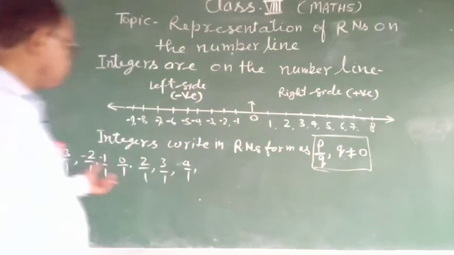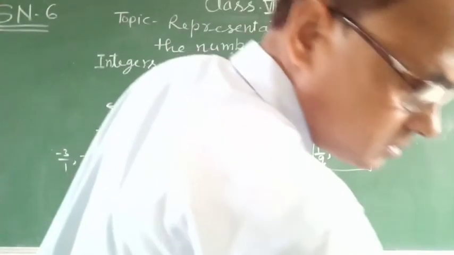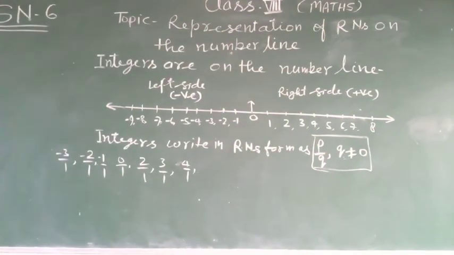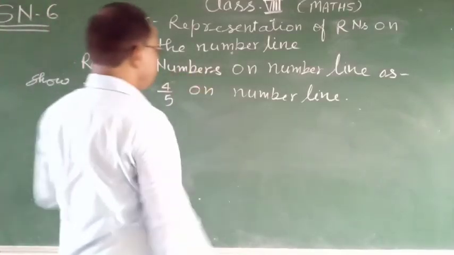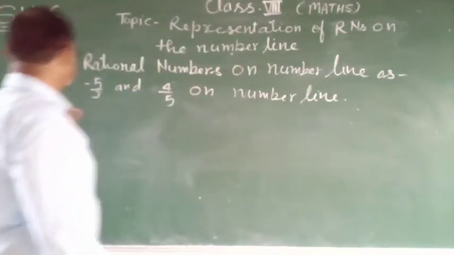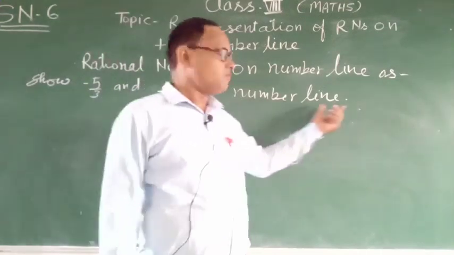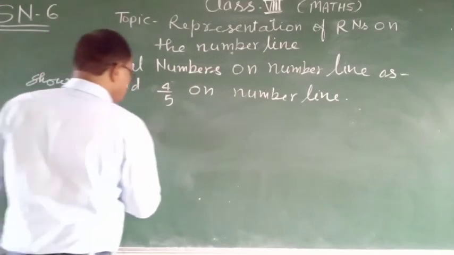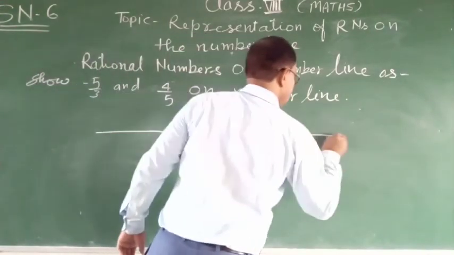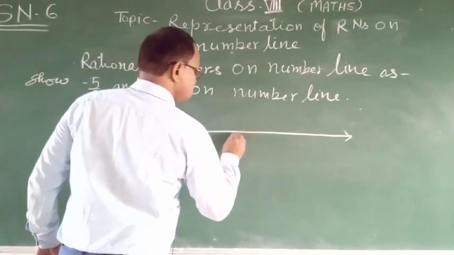After this, we show rational numbers on the number line, as show -5/3 and 4/5 on the number line. Okay, here we draw a line, right here 0.